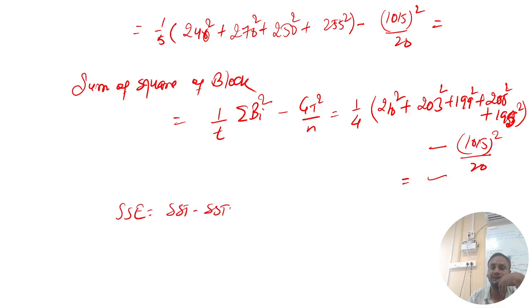So SSE will be SST minus SSTR minus SSBL.